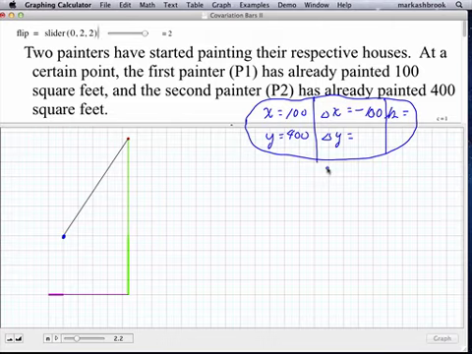It's the ratio between the two. So the change in painter 2's amount of area is always 1.5 times. Remember? If you're still not sure, learn it now. Never forget. For constant rate of change, the changes are proportional. The amount painted, or the change of y, is always this constant amount times change in x.